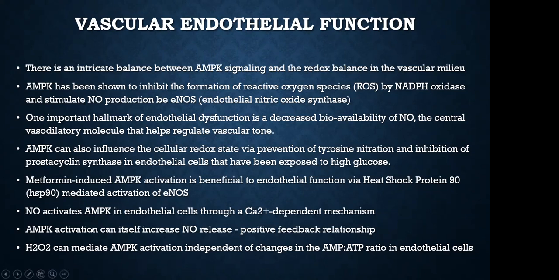So if you do hydrogen peroxide IVs, for instance, that would then increase the AMPK activation, and that will then have the beneficial effect of the redox control within the vascular milieu, and production of nitric oxide, and all the different things that you can benefit from the AMPK, from the hydrogen peroxide.